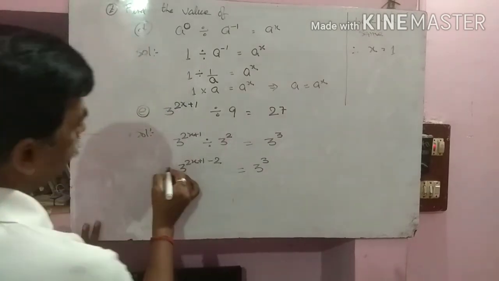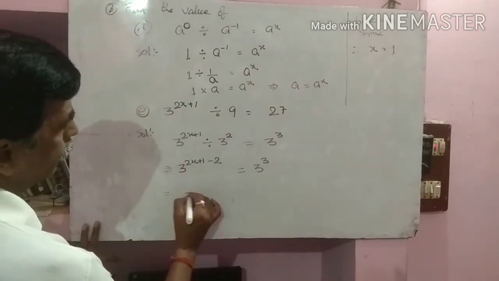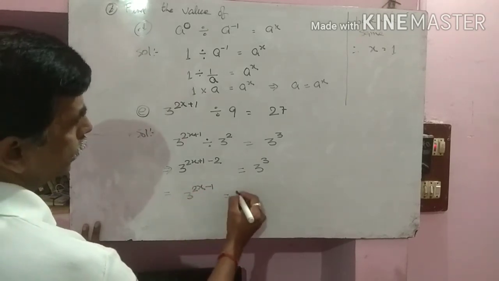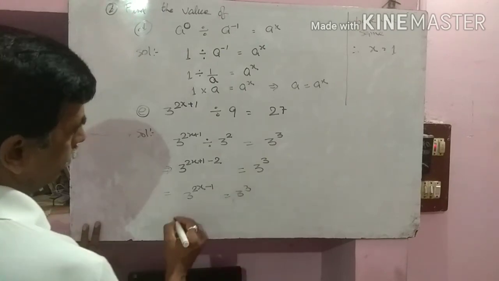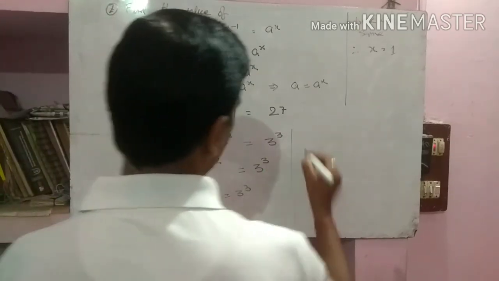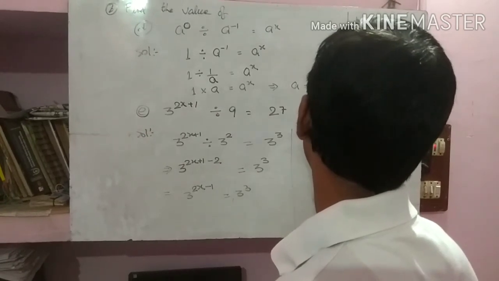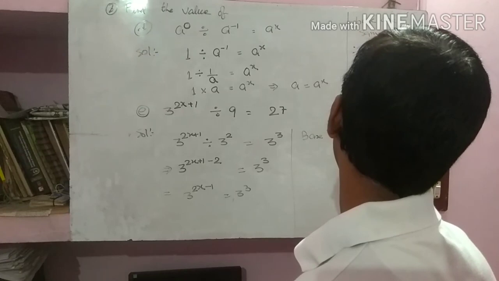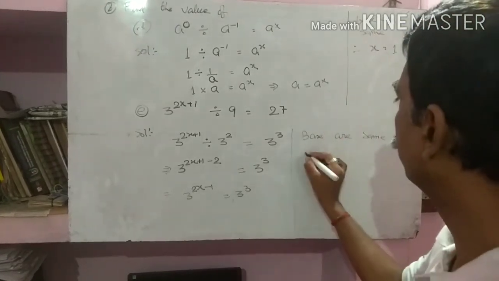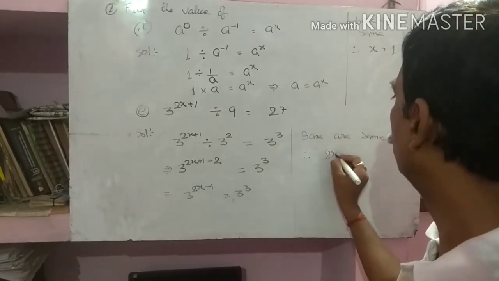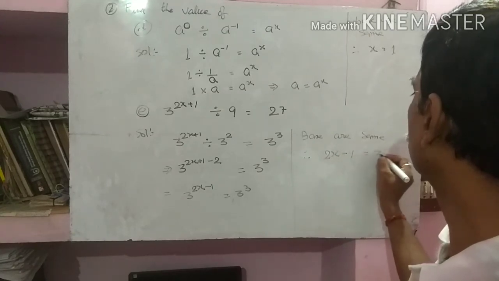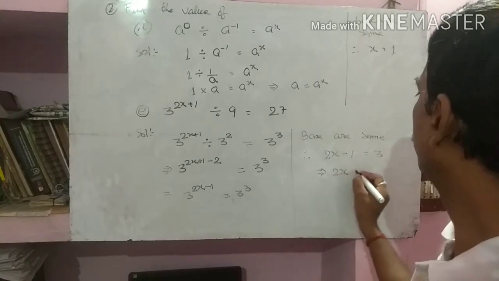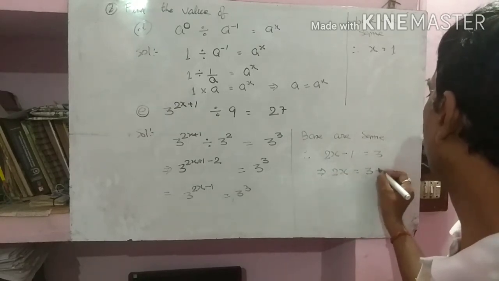So it becomes 2x minus 1 is equal to 3 to the power 3. So you can write, the bases are the same. Therefore, 2x minus 1 is equal to 3. 2x is equal to 3 plus 1.